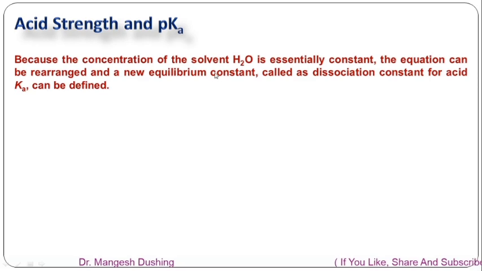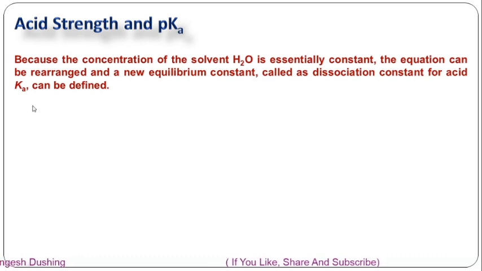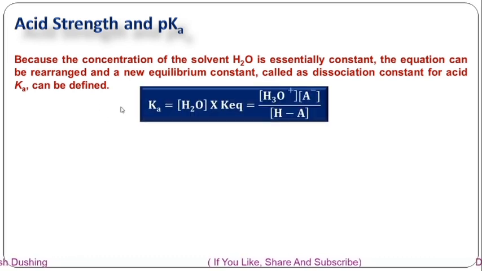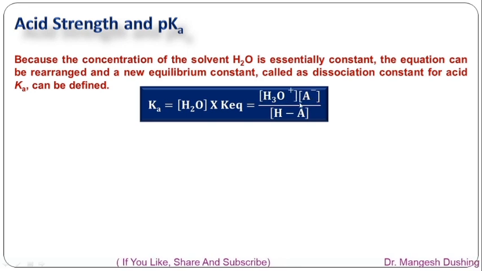Because the concentration of the solvent H2O is essentially constant, the equation can be rearranged and a new equilibrium constant, called the dissociation constant for the acid, that is Ka, can be defined as follows. Ka is equal to the concentration of H2O into the equilibrium constant, which is equal to the concentration of H3O plus into the concentration of A minus divided by the concentration of acid.